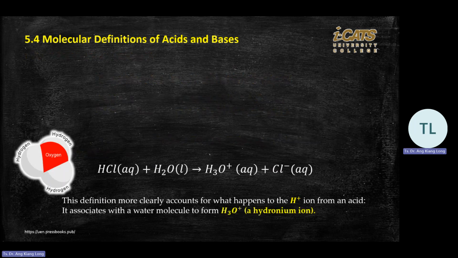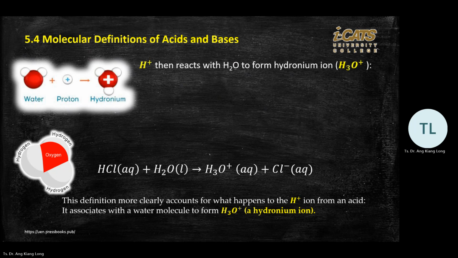Same, same. So how does the Arrhenius definition do it? I need to write the equation here. H plus reacts with water. How does it react with water? You need to write the equation: H plus aqueous plus water liquid, you get hydronium, H3O plus aqueous. You saw this already just now, how hydronium forms.